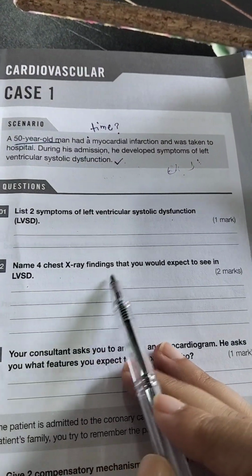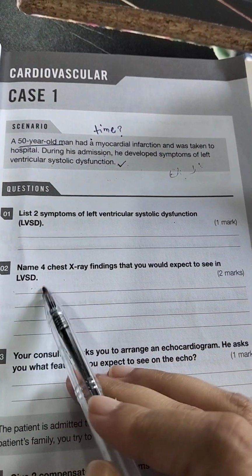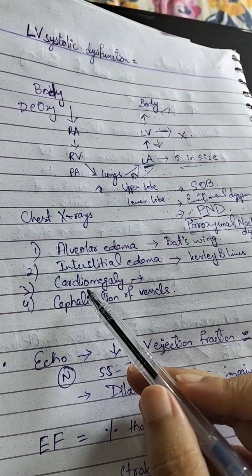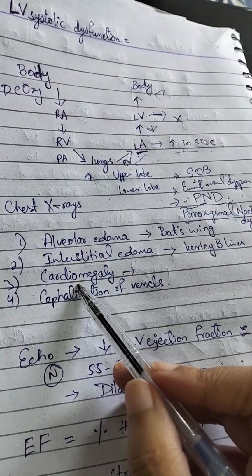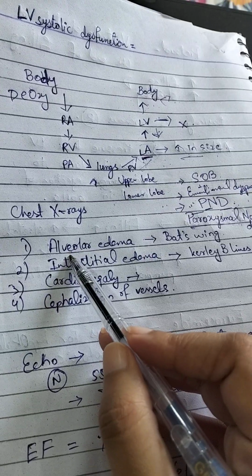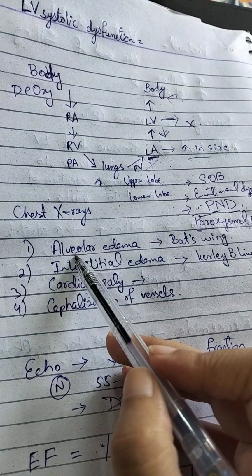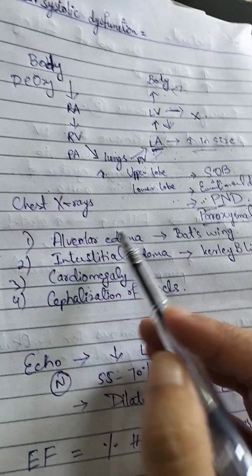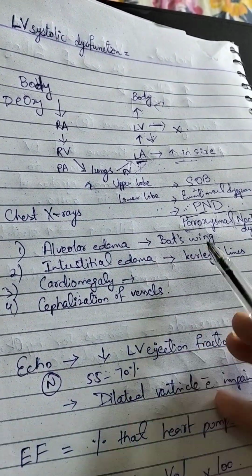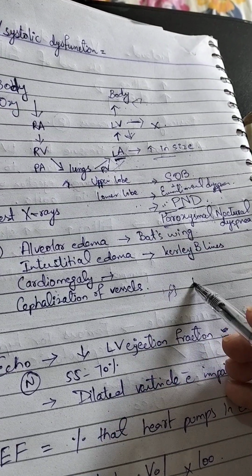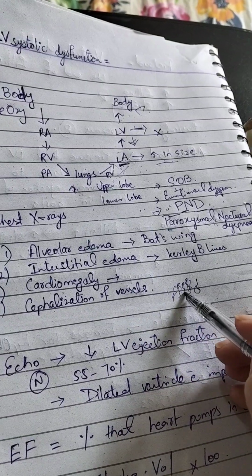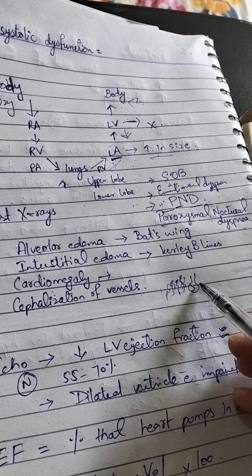List four chest x-ray findings that you would expect to see in left ventricular dysfunction. I will also attach the picture of the x-ray of left ventricular heart failure. The first finding is alveolar edema. The lungs have tissue, and the tissue surrounding the alveoli, the parenchyma, is called the interstitium.